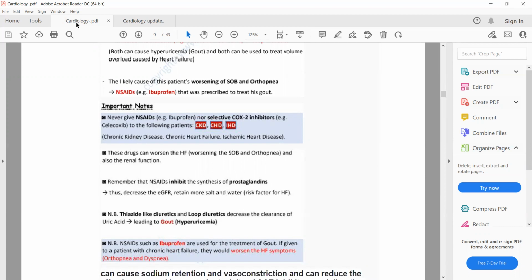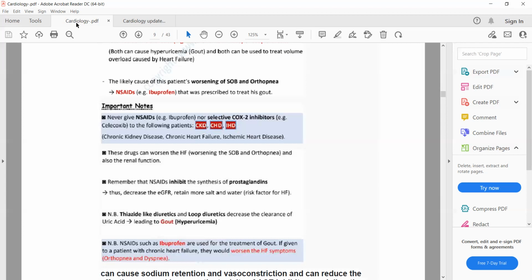We can give diuretics in an emergency situation or on a short-term basis, because we weigh the advantages and disadvantages of using diuretics. If the patient is in severe fluid overload, then we do not have any other option but to give him a loop diuretic.